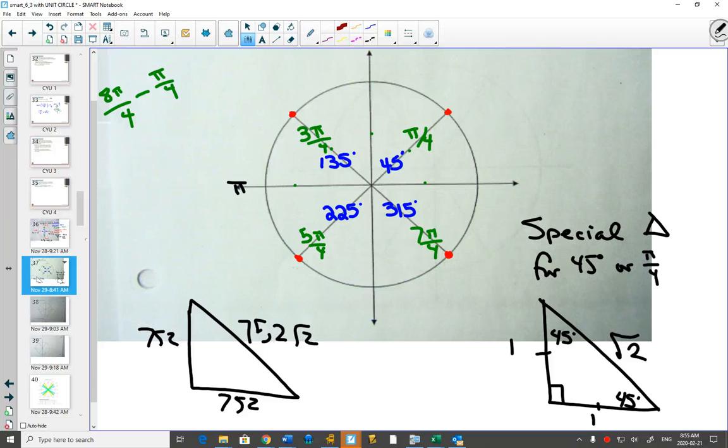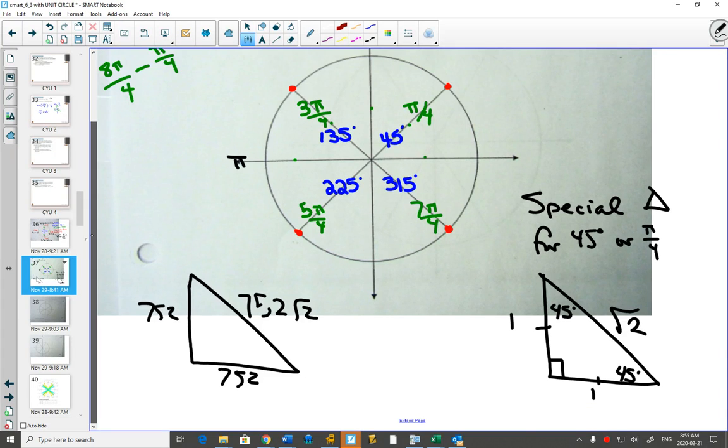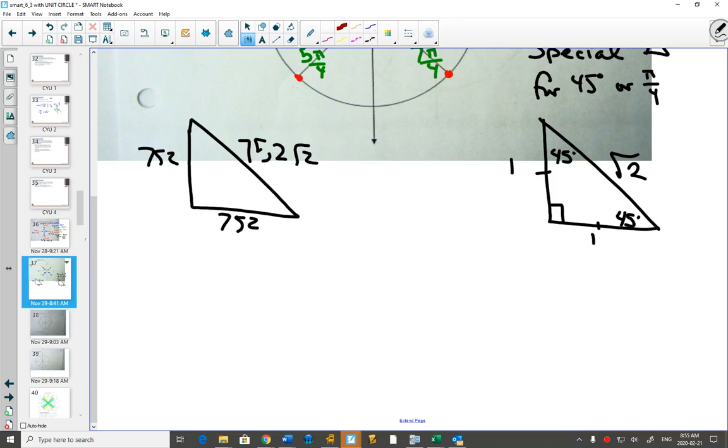Now, with that triangle, you can now say what sine of 45 degrees is. Because it's opposite over hypotenuse. 1 over root 2. And for today, we will rationalize, so I'll multiply top and bottom by root 2.